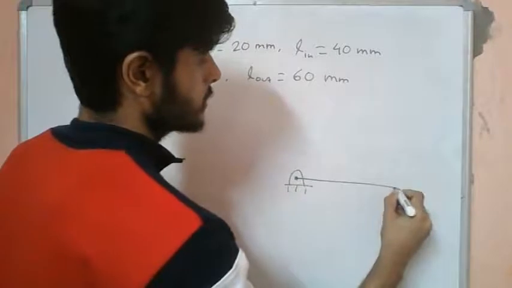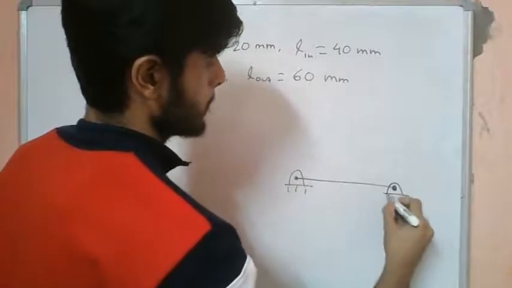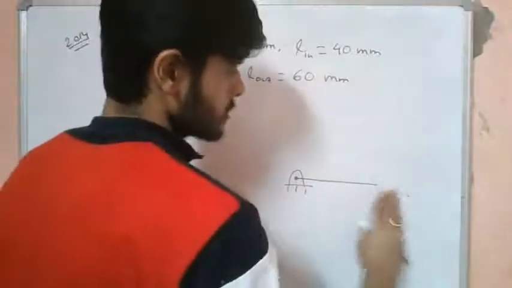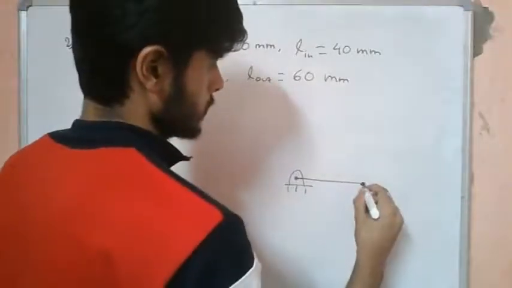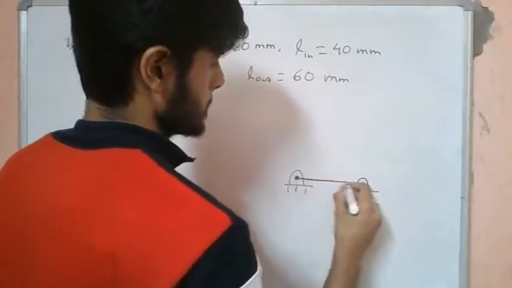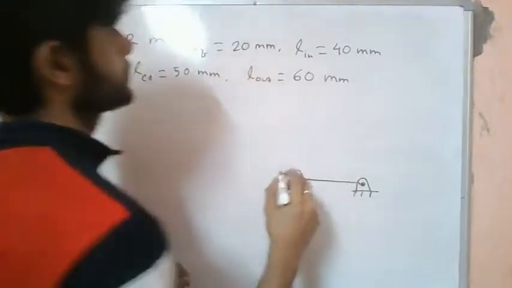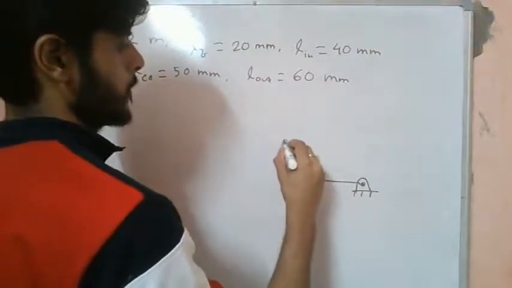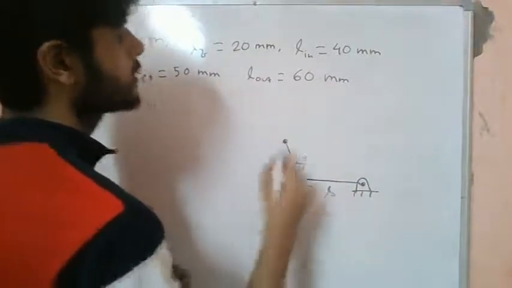So we have link lengths like this. This is the shortest, so this is S, let's say.